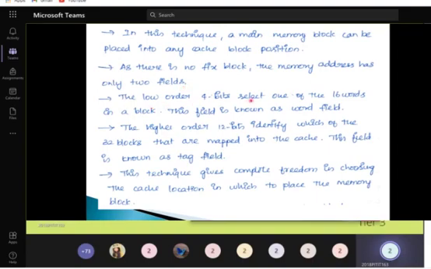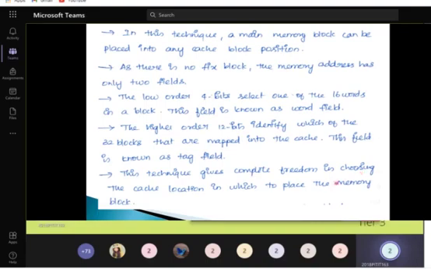One is the low order 4 bits, which select one of the 16 words in a block. This field we call the word field. And the higher order 12 bits identify which of the 32 blocks are mapped into the cache. This field is known as the tag field.